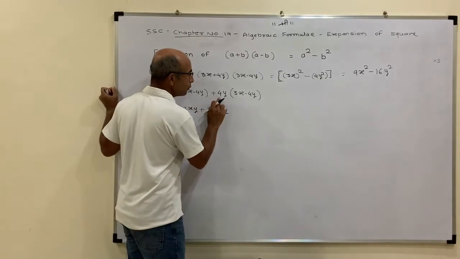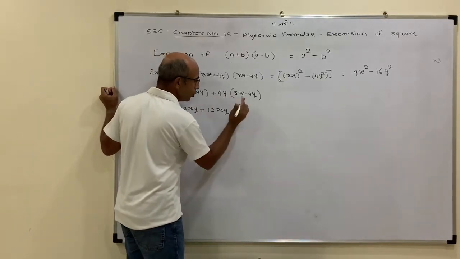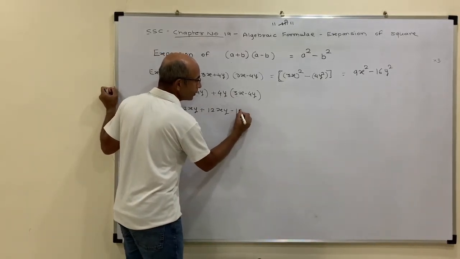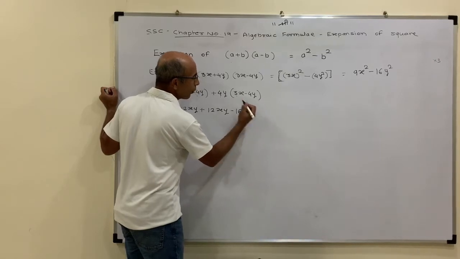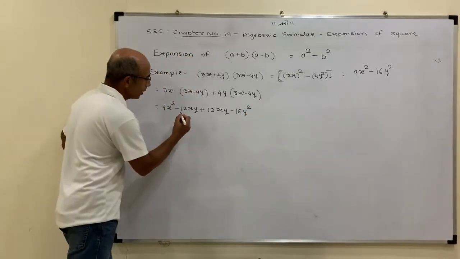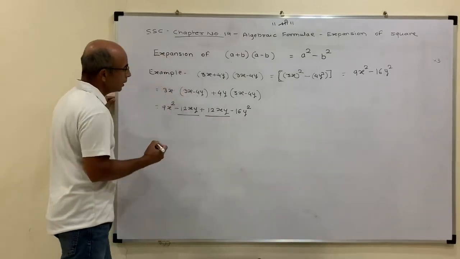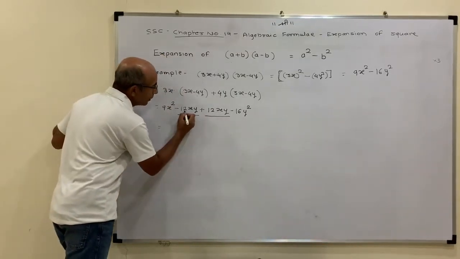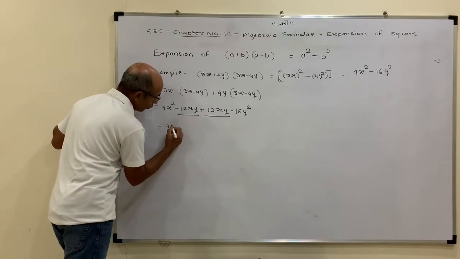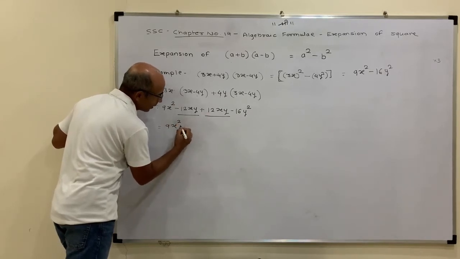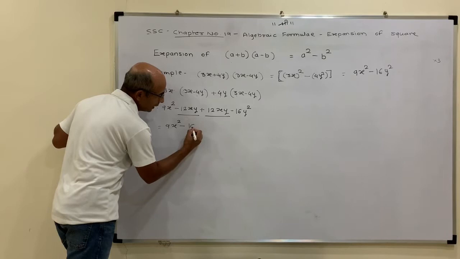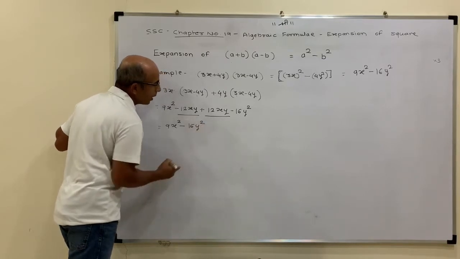Then minus 4y into 4y is minus 16y square. Again here, minus 12xy and plus 12xy cancel out and become 0. So 9x square minus 16y square will be our ultimate answer.